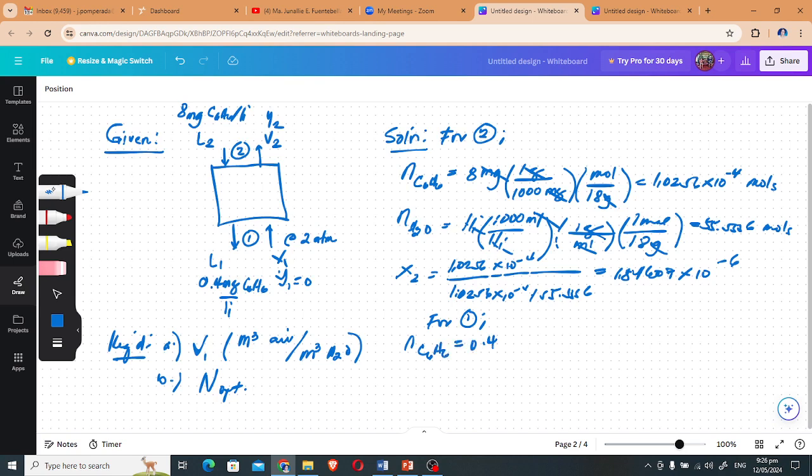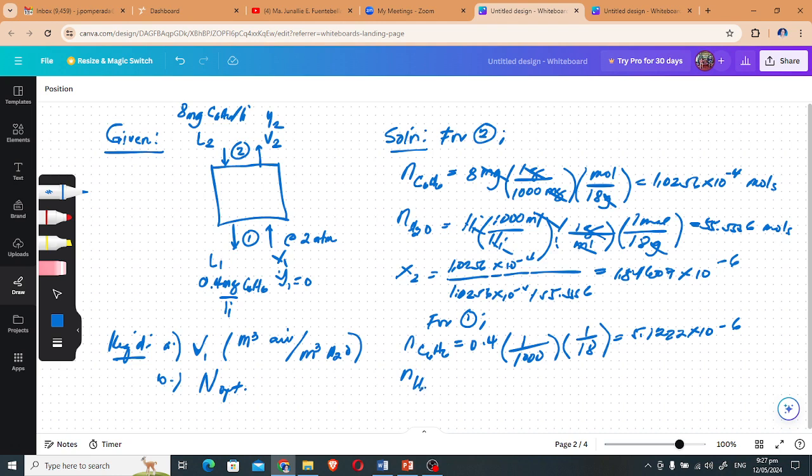So we will not write the units anymore, we'll just follow through the conversion here. So 0.4 divided by 1000 and then divided by 18. This will give us the moles of benzene, which is 5.1282 times 10 raised to negative 6.